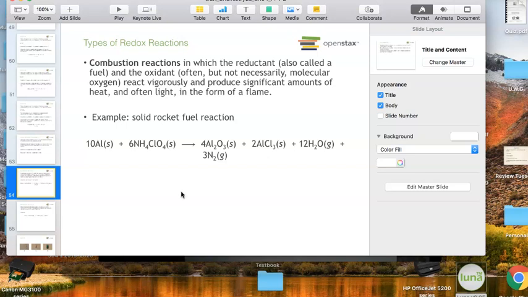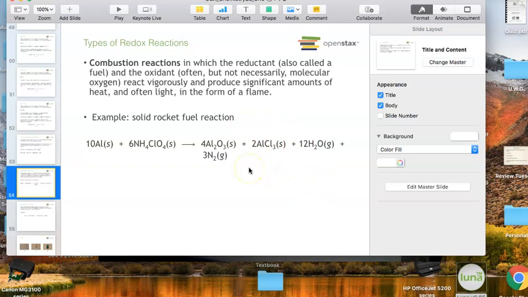You also have an air intake in your engine, and so you have to have oxygen in order to burn that fuel, and you end up with different products. With hydrocarbon combustion reactions, your products are usually carbon dioxide and water. And depending on what your fuel happens to be, sometimes you're going to have a mixture of your products.